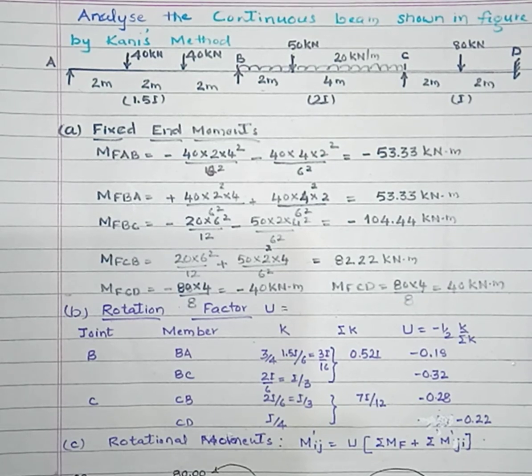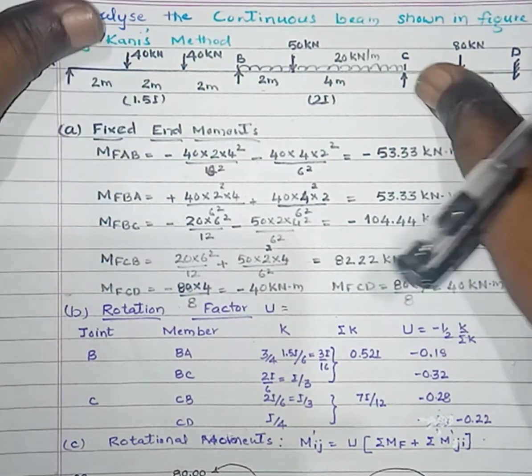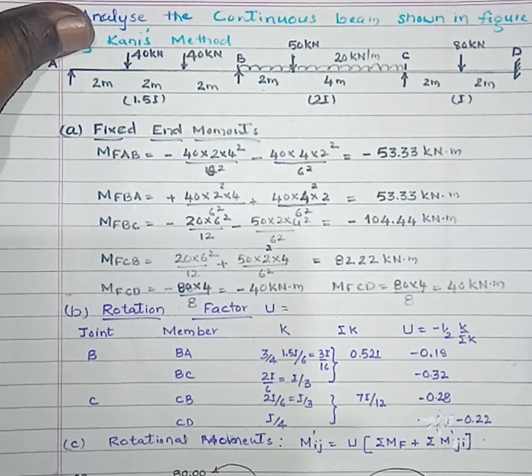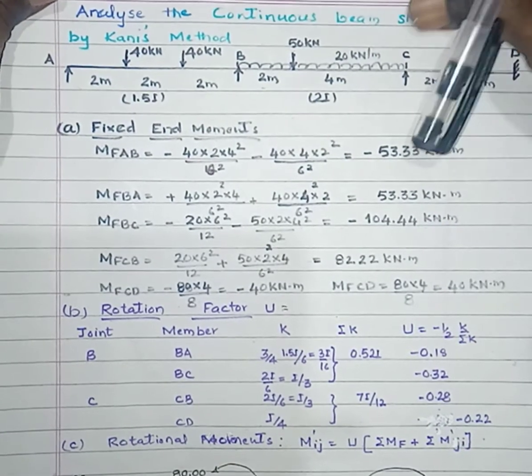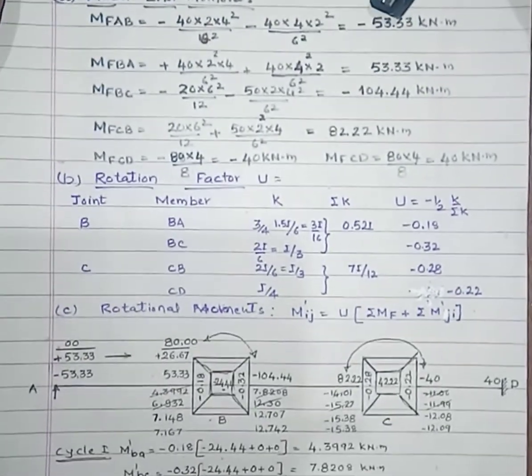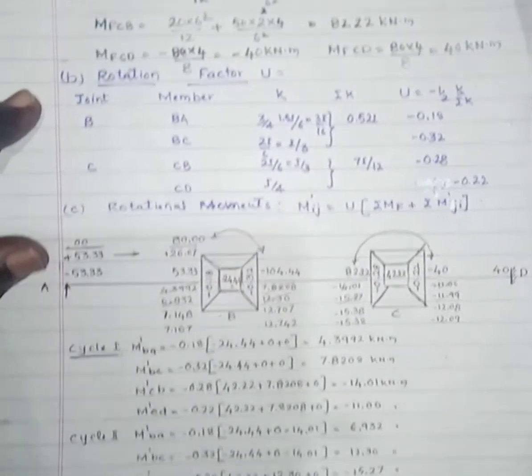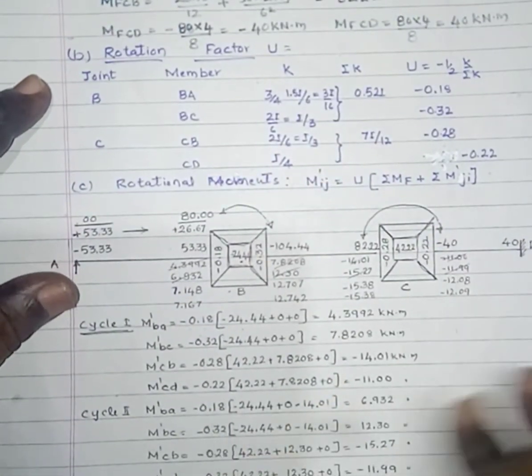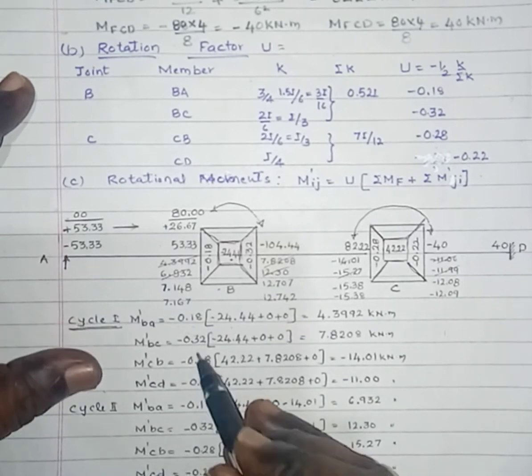Here in the second cycle, again we have to calculate the rotational moment M dash BA. The rotational factor is minus 0.18.